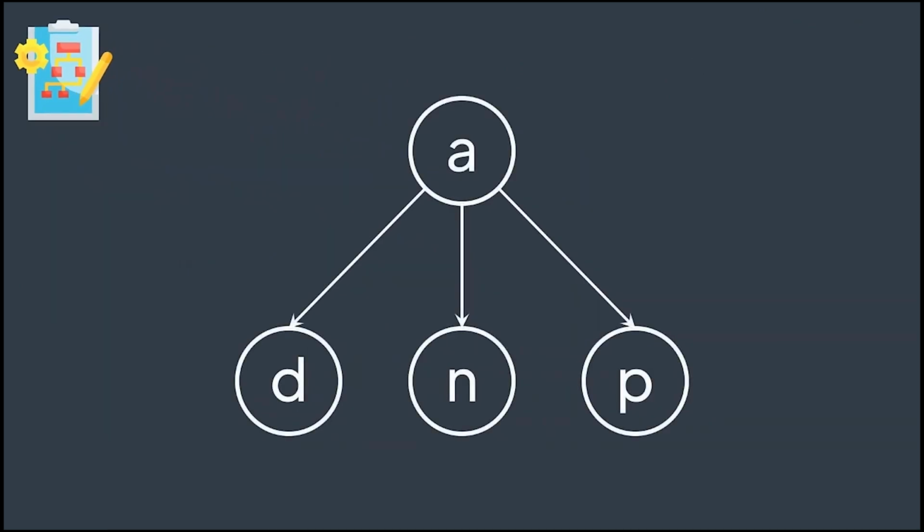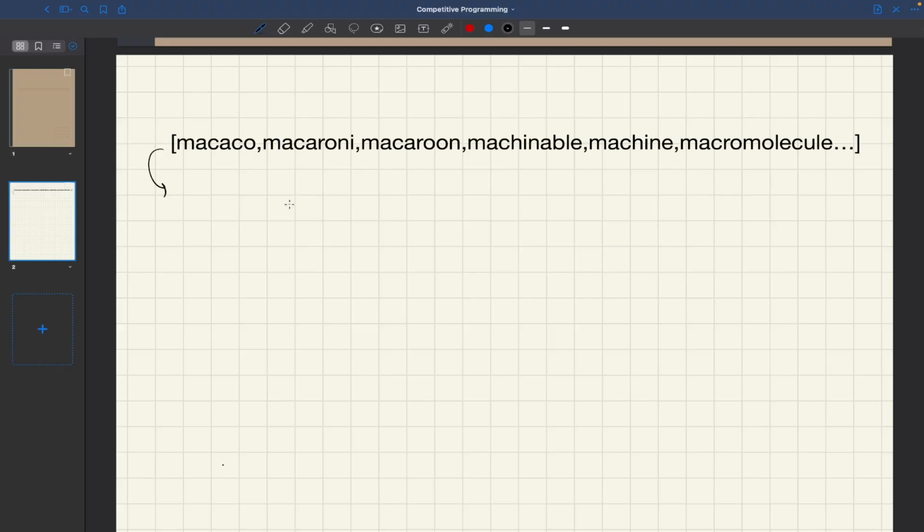In a trie node, we want to have three pieces of information: the character, the references to children, and a boolean to represent that there is a word ending at the current node. Now let's try to convert this. Whenever we encounter the word macaco, we will have a tree, and at the top level I say that I found an M here.